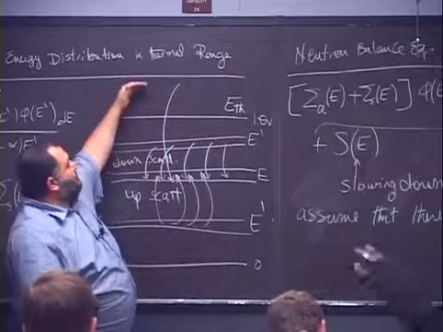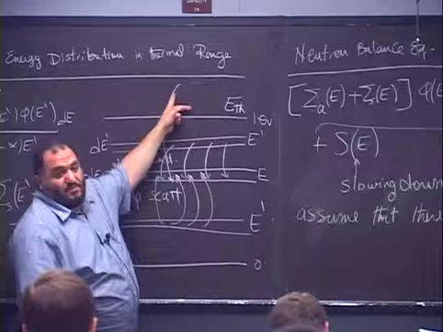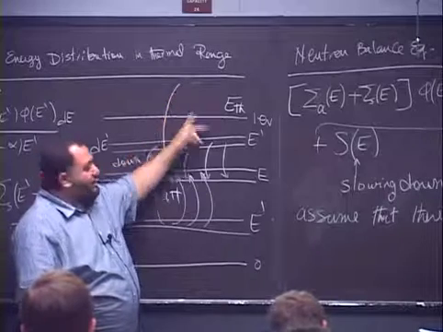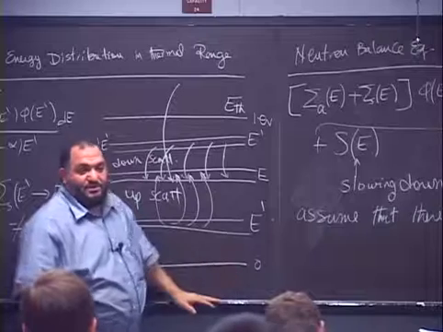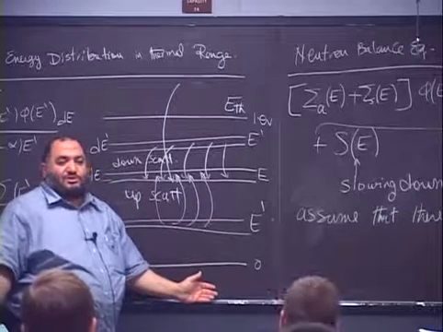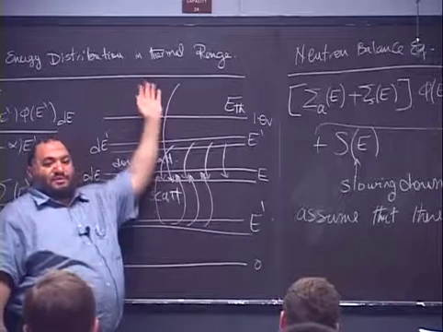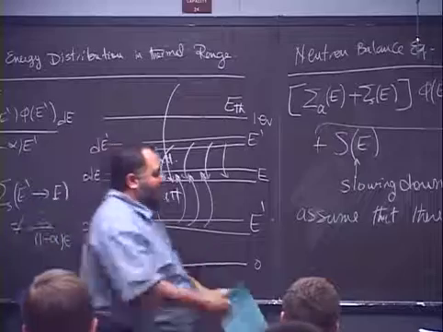any neutrons slowing down up to the energy E from the moderation region should be absorbed in this region. Yes? Where will they go? There is no leakage. And there is no upscattering that they will return back up to this region again. So what's the condition now?